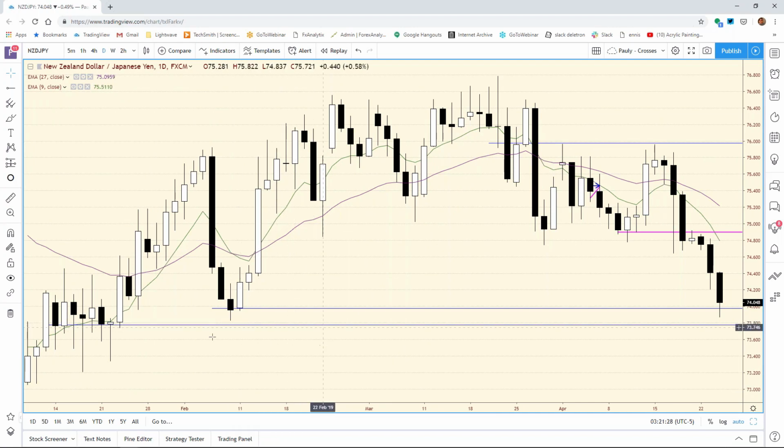That's a good little zone right here of volume. Actually move this a little bit lower down there to 73.75. So let's go with that, 73.75. We're actually looking on the daily. Let's move this onto the 2-hour chart.